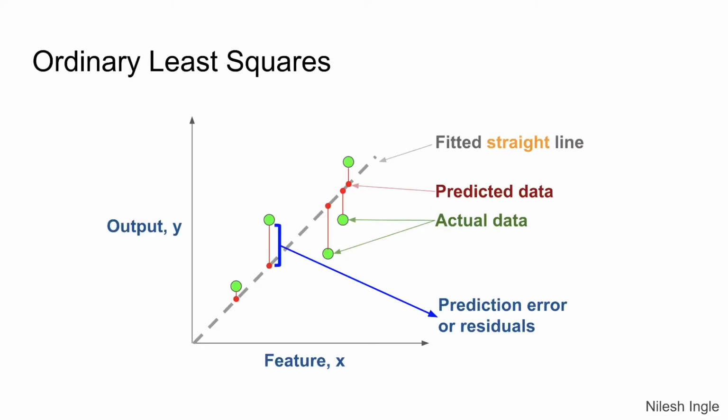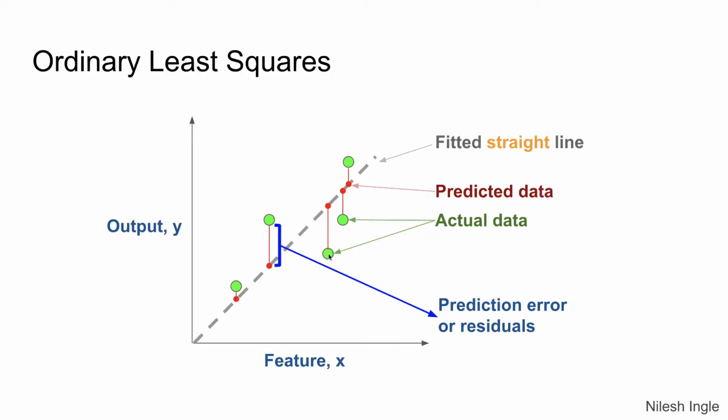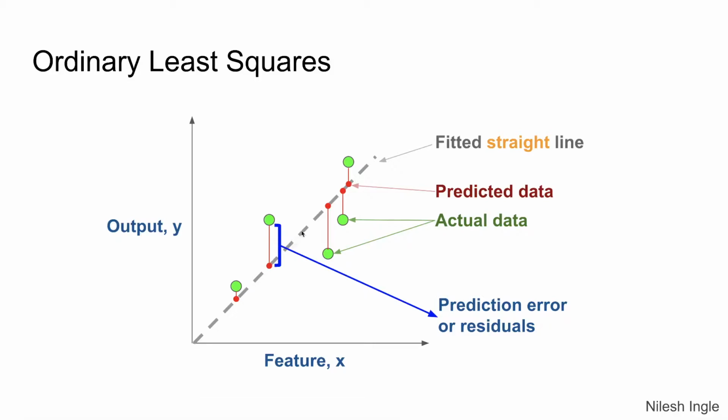Now, in the past slides, we talked about the difference between actual and predicted value. Here is an example visualization of that. Let's say we have a feature x and we have an output y, and the green dots show the actual data points. And if we fit a model, which is shown by the dotted line in here, then that dotted line represents data points that are predicted values.